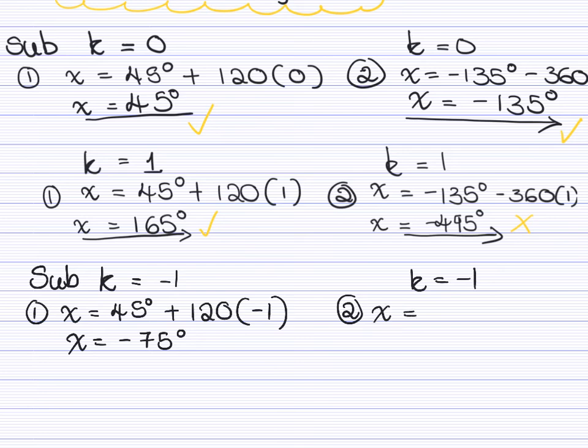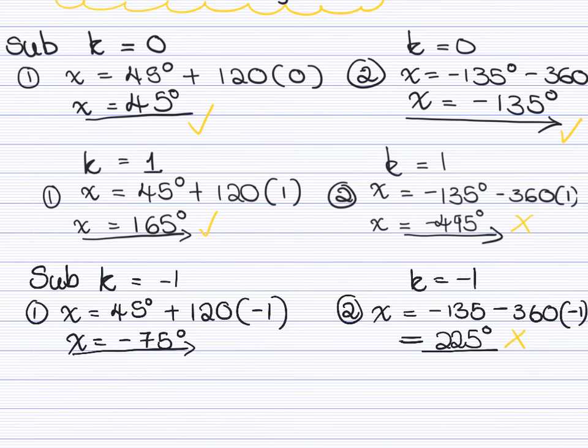So x is equal to −135 − 360 multiplied by −1. The answer here is 225 degrees. Now, is 225 degrees within our range? No, it's not. So I'm going to disregard that solution as well.